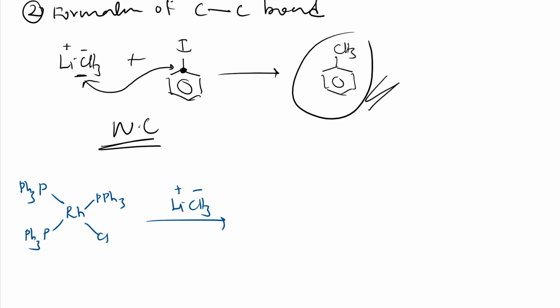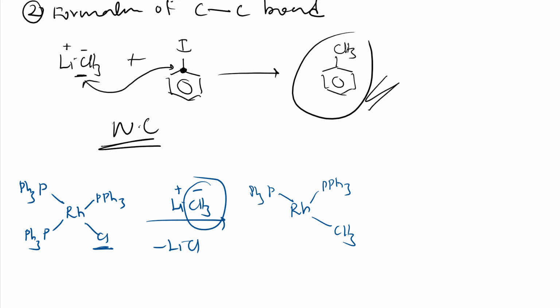This chlorine has more affinity to lithium, so it will form LiCl, and this methyl, having negative charge, will attack this rhodium. So I'll get PPh3, other things will remain as they are, and here CH3, and here PPh3, and here also PPh3, right.